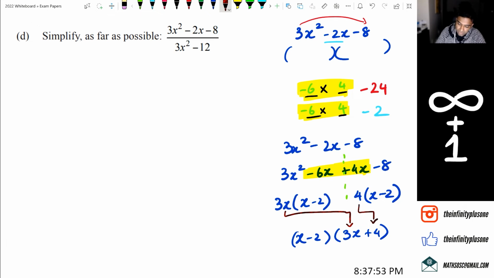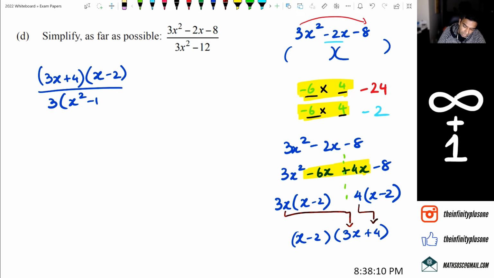Okay, so I've factorized it, which means I can go to the top and rewrite this as 3x plus 4 bracket x minus 2, divided by, in the denominator, I can see that 3 is a common factor, so I take it out and get x squared minus 4. And x squared minus 4 we can factorize, let me just do the top line first.